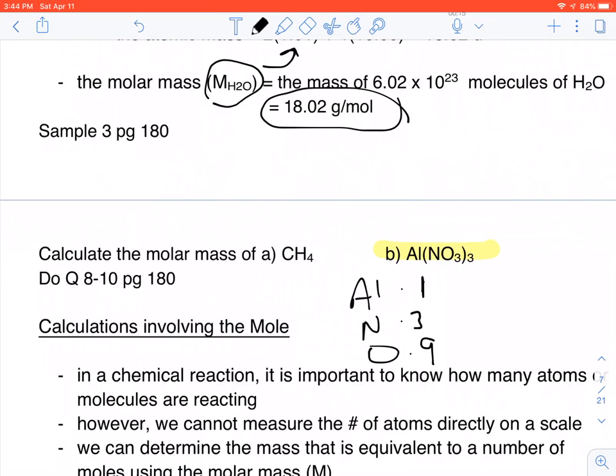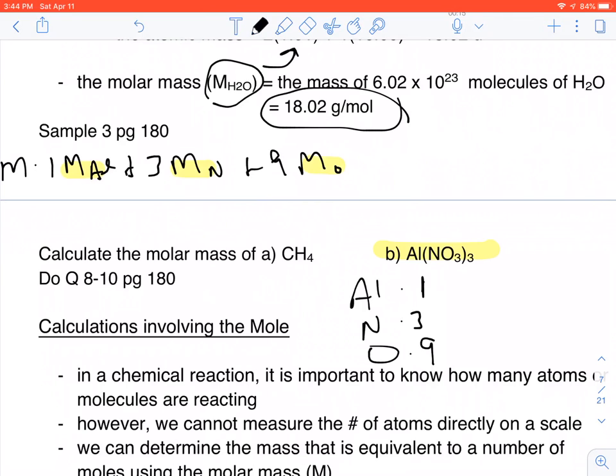Okay, so now to find my molar mass for aluminum nitrate, I need to have 1 times the molar mass of aluminum plus 3 molar masses for nitrogen plus 9 molar masses for oxygen. Again, remember, these numbers come off the periodic table.